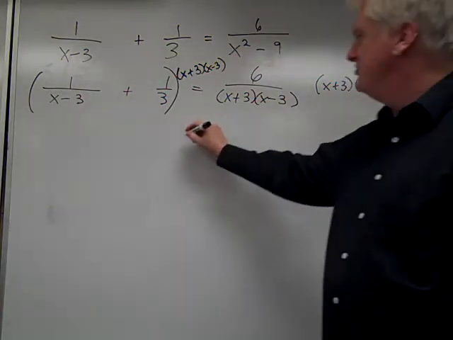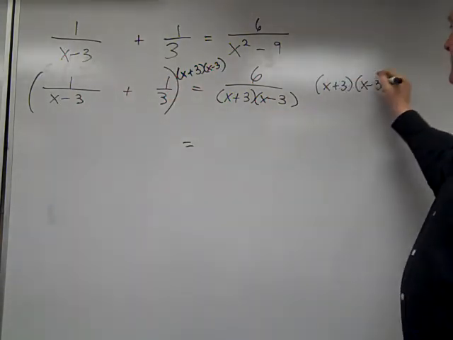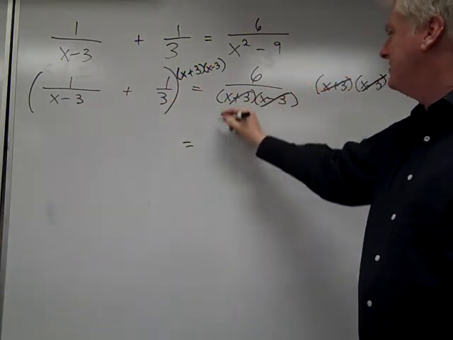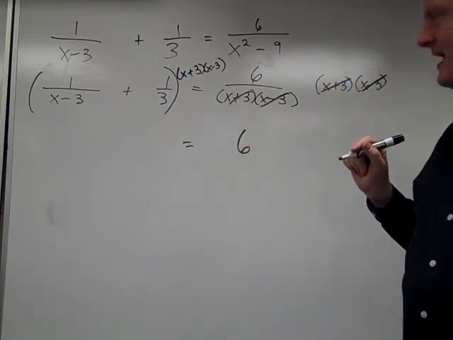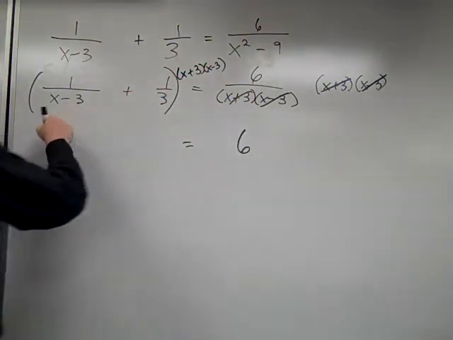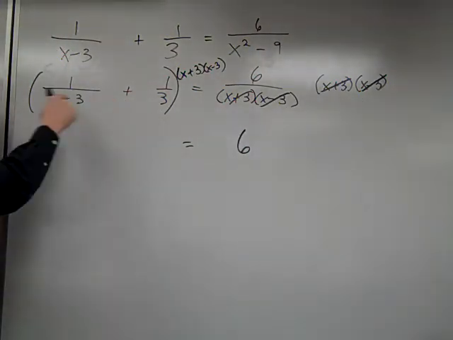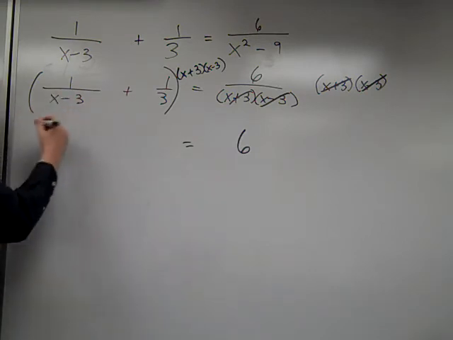Now here, because there's no distribution, there's no plus here on the side, we can get away right away with doing the cancellation, and we are left with 6 on the right-hand side. But on the left-hand side, we've got some distribution to do, so let's do that before we cancel. If you don't, that's where mistakes come in.